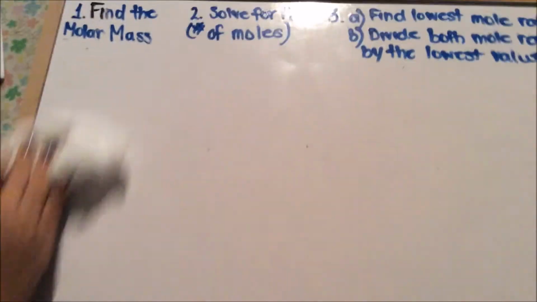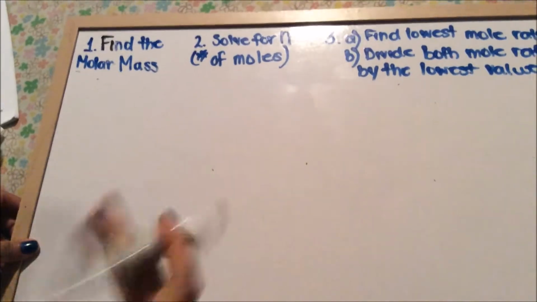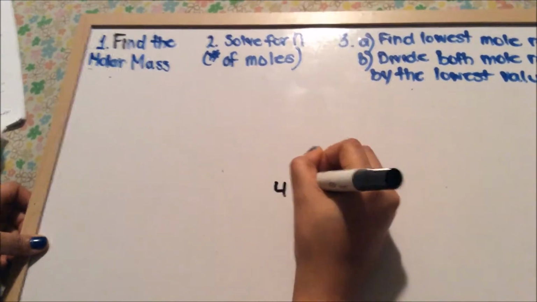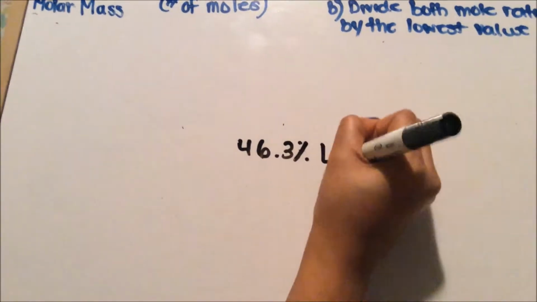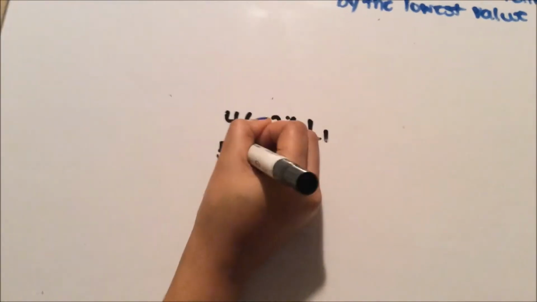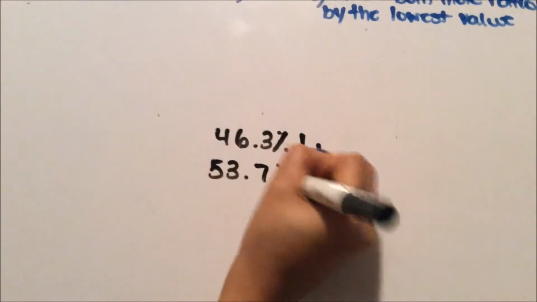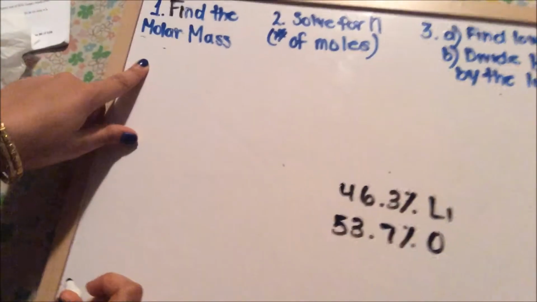Our second question is to find the empirical formula of a compound that is 46.3% lithium and 53.7% oxygen. And that's the same thing we're going to find here.